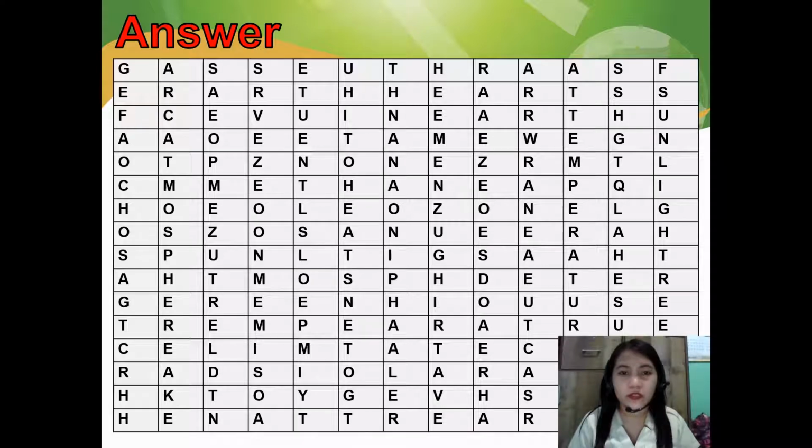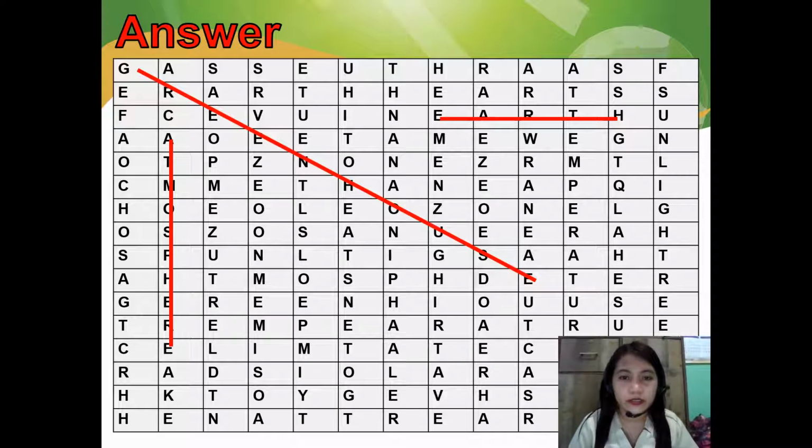Who wants to answer the first word? Okay, very good. That's the greenhouse. How about the second word? Atmosphere. Nice one. And yes, we have here earth. Who can try another word?